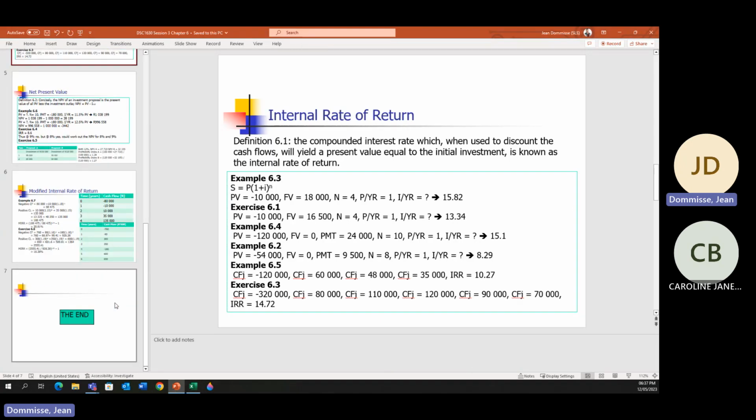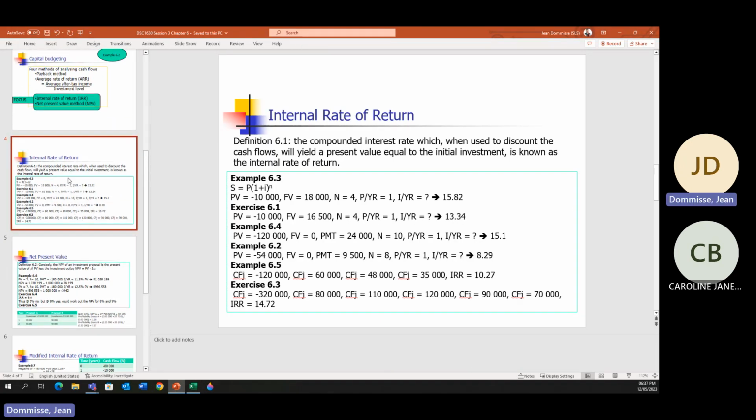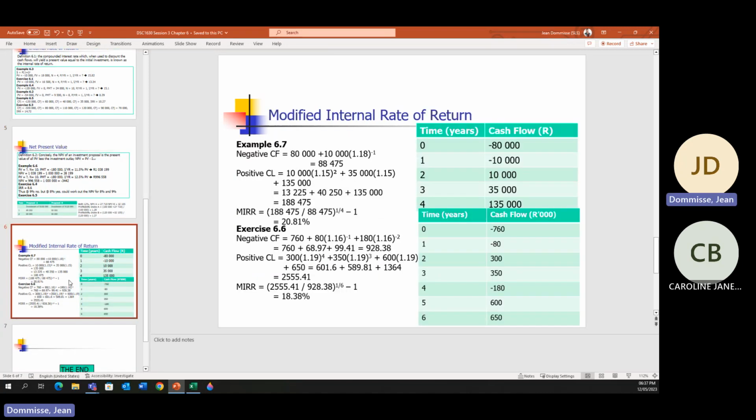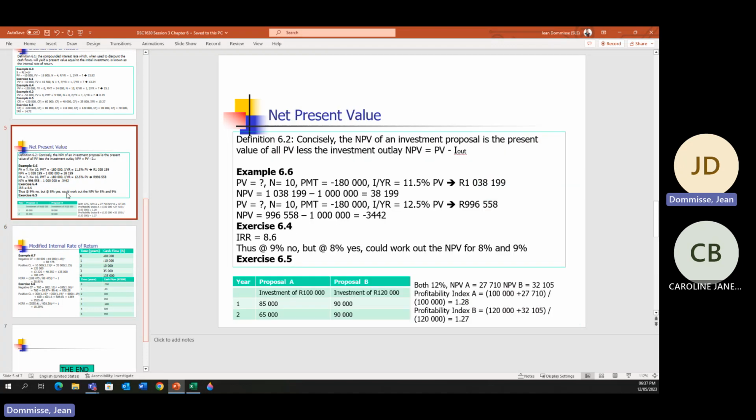So we've done internal rate, net present, and there is obviously the mirror one that hopefully we can also do in Excel. So the net present value. So again, same principle as in the previous chapters.